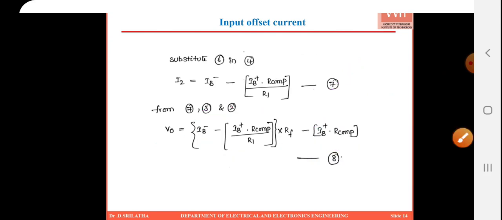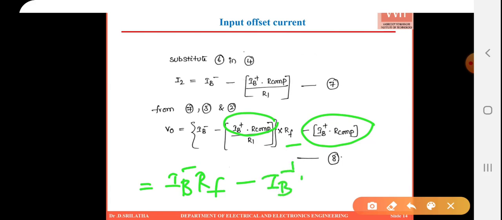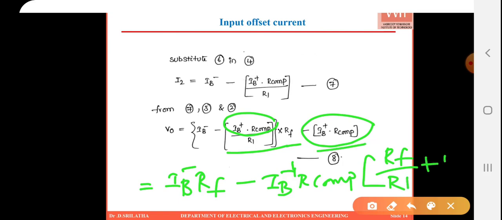Now after simplification, IB plus R compensation is taken as common. Then we have IB minus into RF, and I am multiplying this minus. If you take IB plus R compensation value as common, then we have 1 plus RF by R1 and from this plus 1.